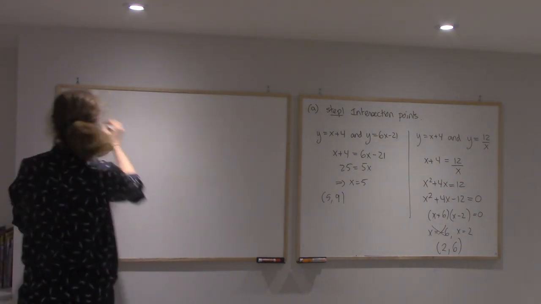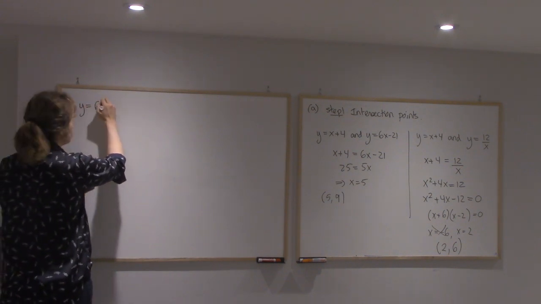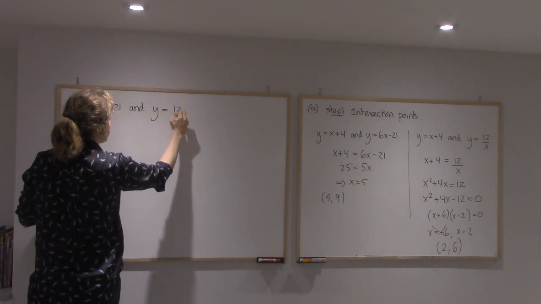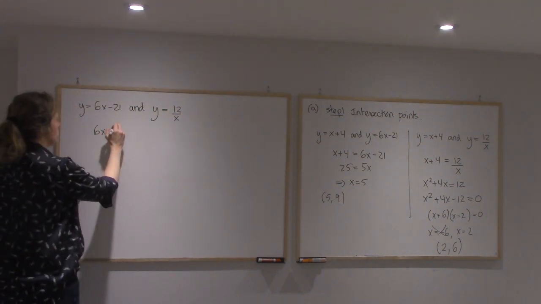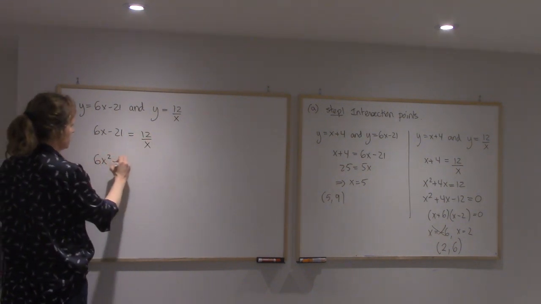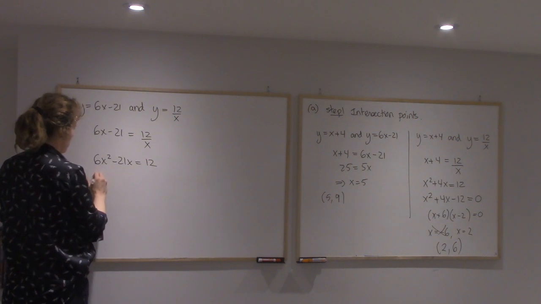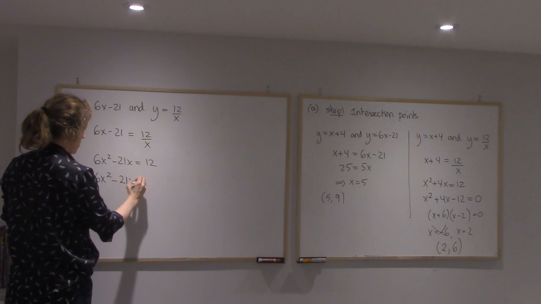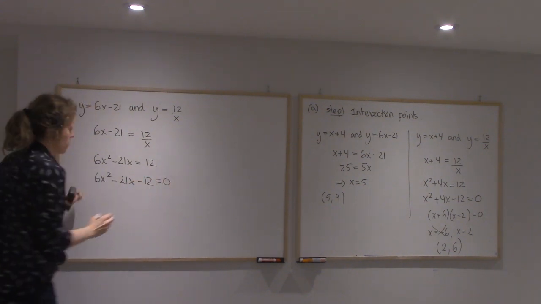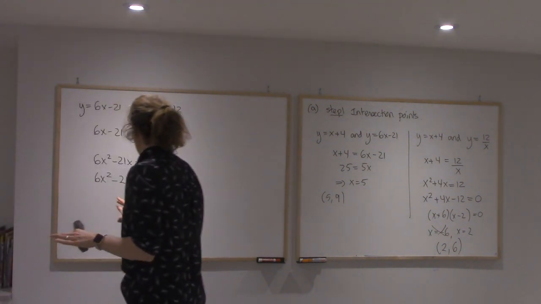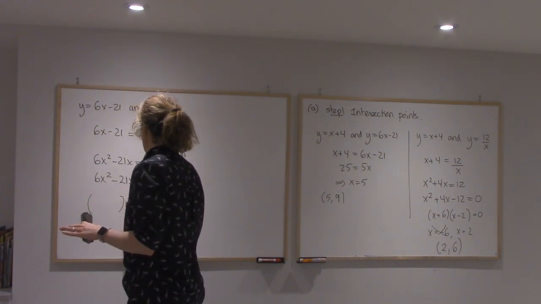So I need y equals 6x minus 21, and y equals 12 divided by x. Again, it's going to look a lot like the last one. I'm going to multiply by x. If I want to use the quadratic formula, that's fine here.